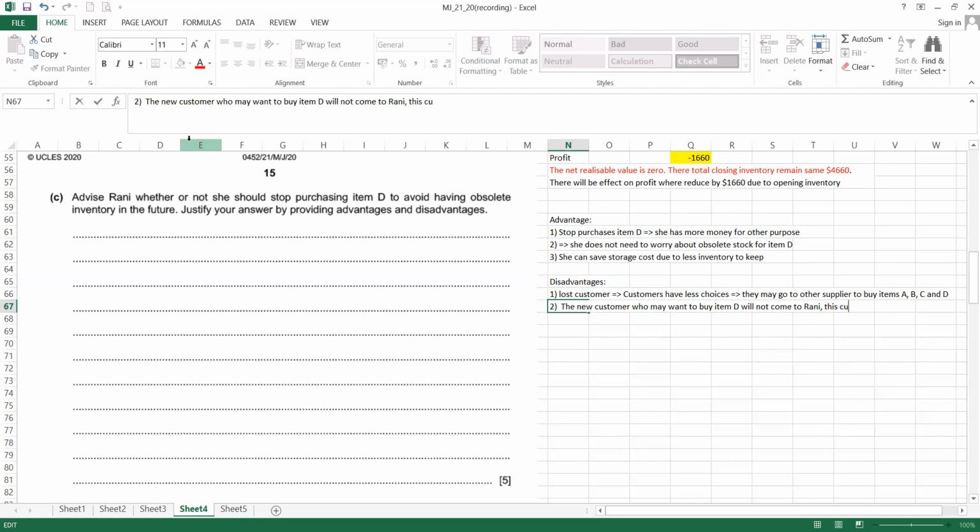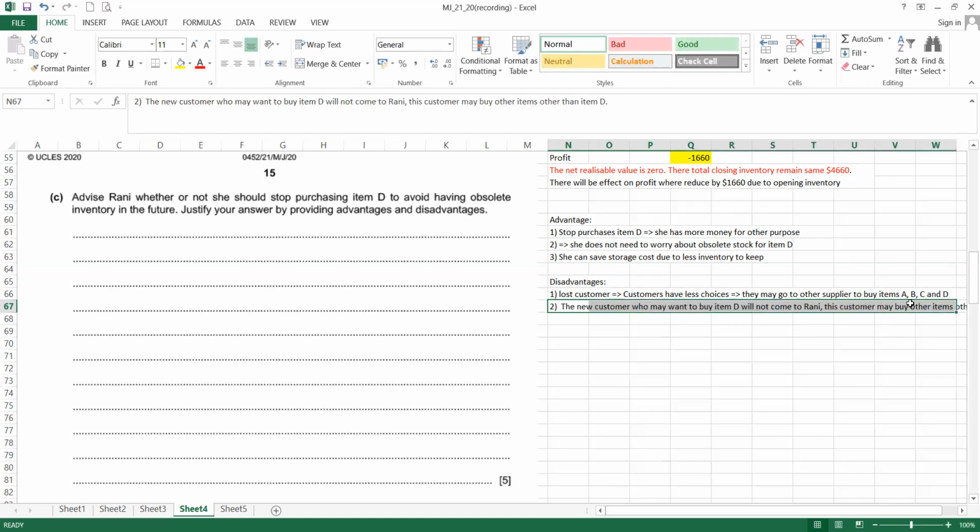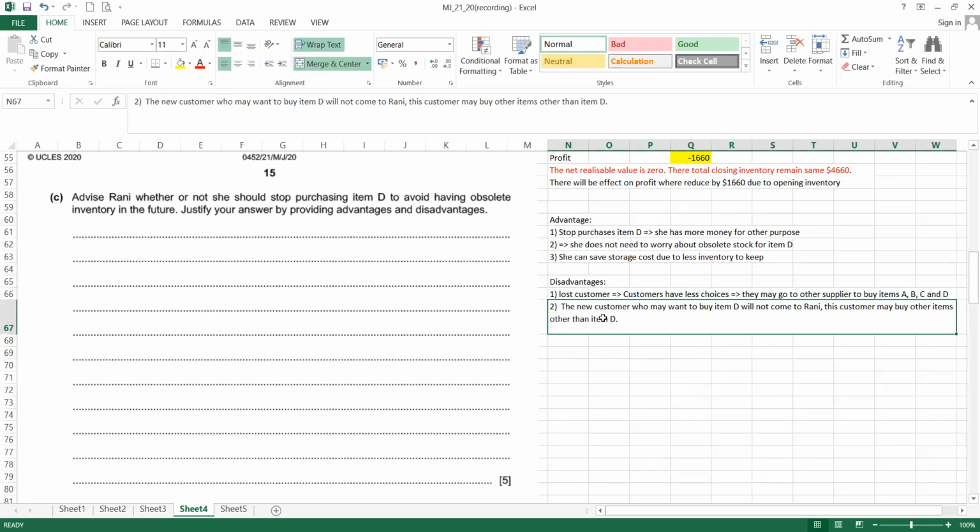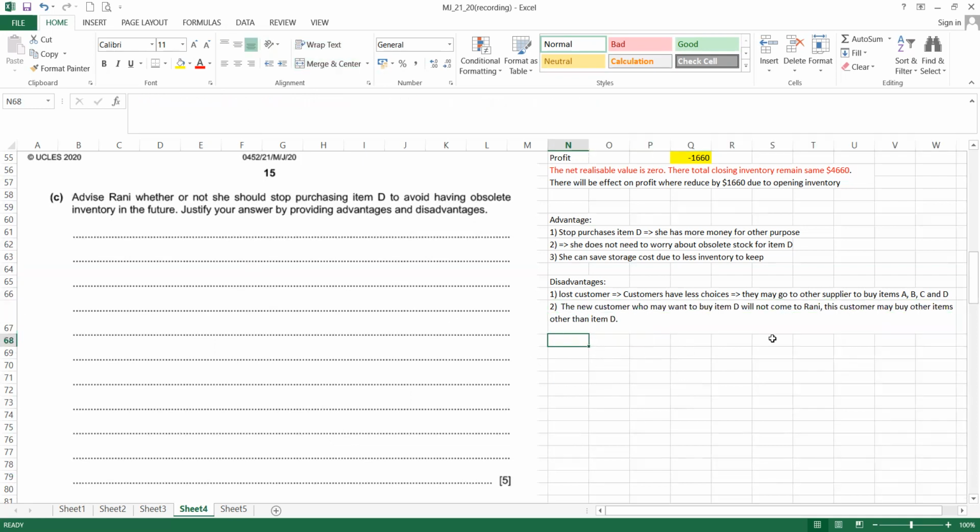This customer may buy other items other than item D. So you totally lose a new customer who was interested to buy item D in the first place. Because you didn't get the chance to get them to come to your shop, you got totally no chance.